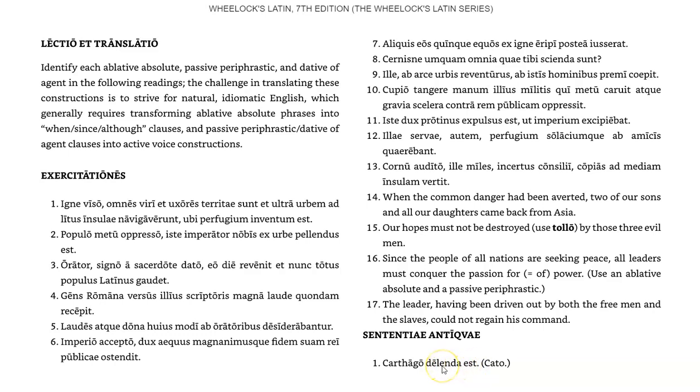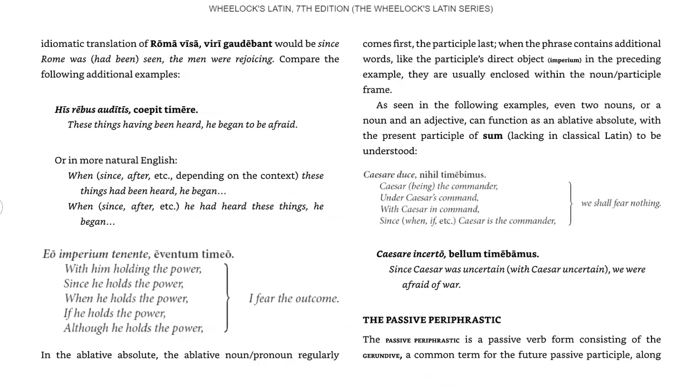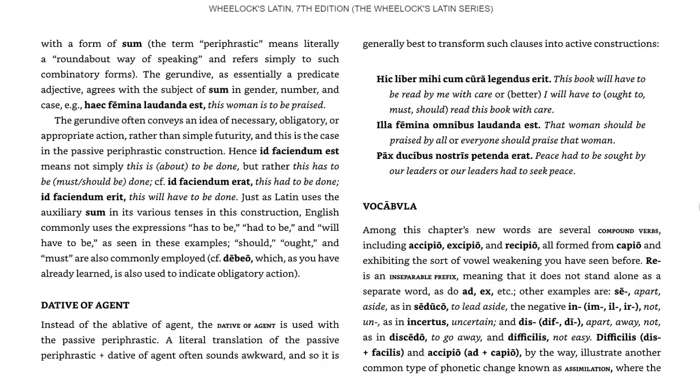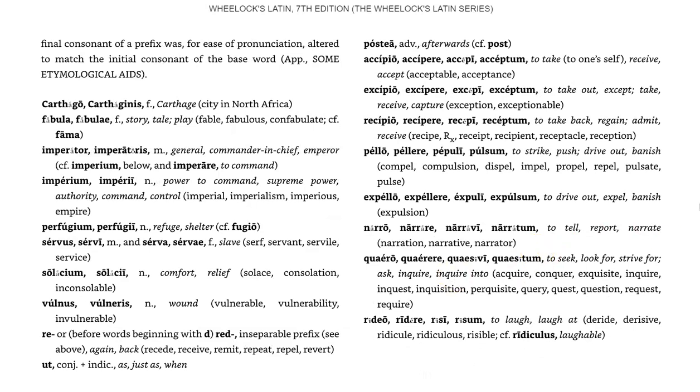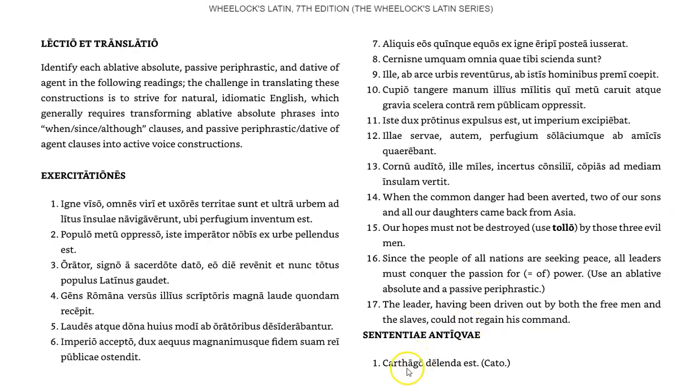Whereas, believe it or not, even though it might not come out in the translation, this is a future passive participle. So you'd actually be putting the wrong form of the verb, which is a major deduction anytime we make a mistake with the subject and verb in a language. But putting it all together, Carthage is to be destroyed, ought to be destroyed, should be destroyed, must be destroyed.